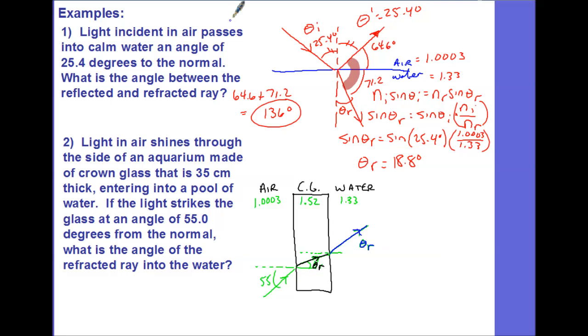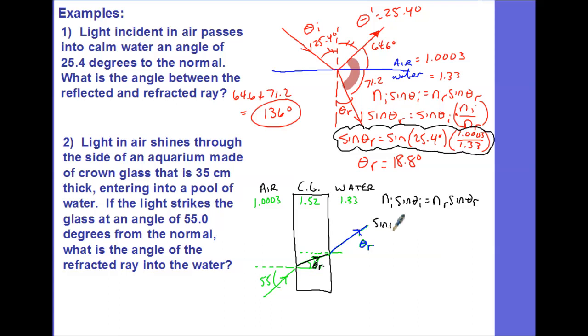Okay, let's go ahead and try to find theta r here. So Ni sine theta i is equal to Nr sine theta r. I'm looking for theta r again. I'm going to use the same kind of setup that I had up here. I'm just going to come back and look at that equation. Already went through all the algebra to get to this.